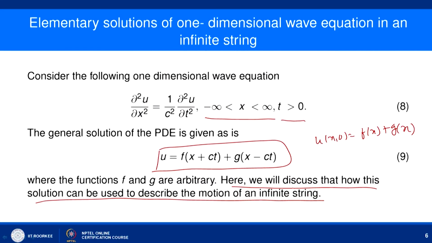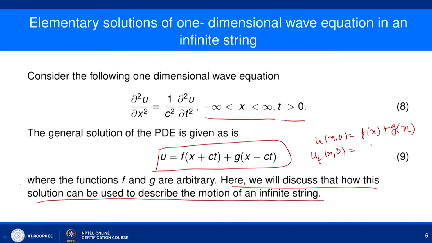Similarly if you differentiate with respect to t, what you will get, u_t(x,0) is equal to, when you differentiate you will get c f dash, the derivative of f with respect to x plus ct. If you differentiate this, what you will get, in fact let me do it.